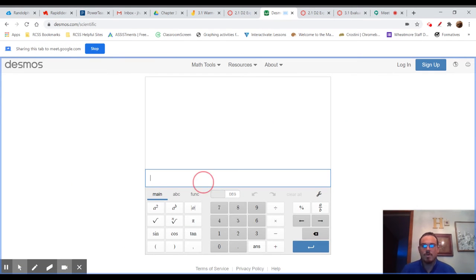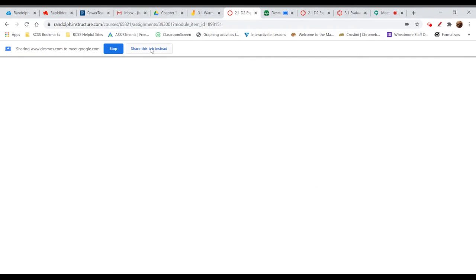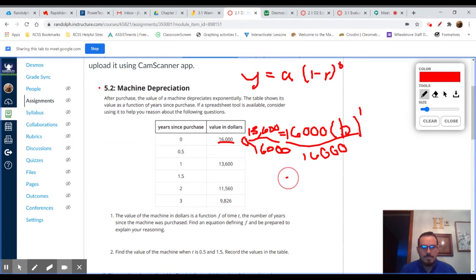Now back in the Desmos calculator, we divide 13,600 by 16,000 and we get 0.85. So our factor B is 0.85.